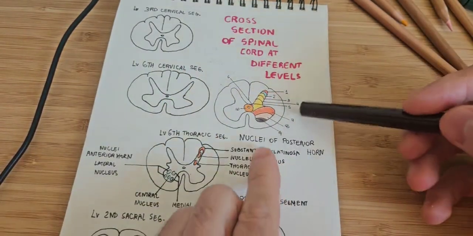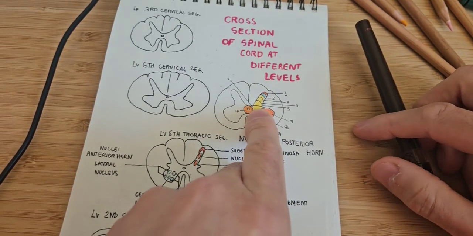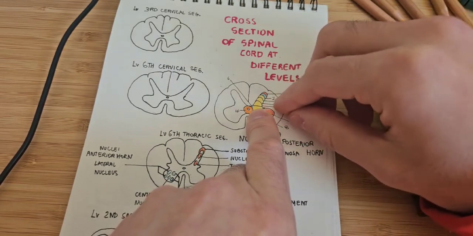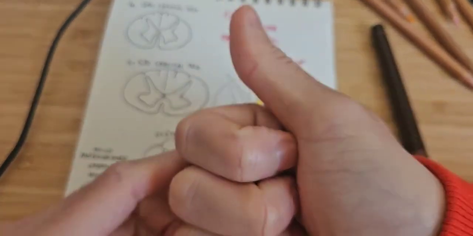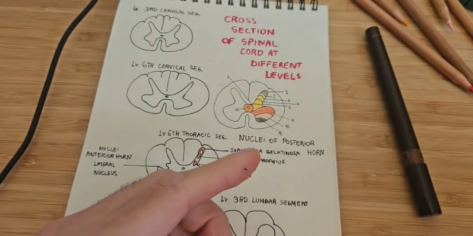Lamina 3 to 6, yeah, usually when affected, the patient might present sensory deficits such as numbness, tingling, or loss of touch and pressure sensation.